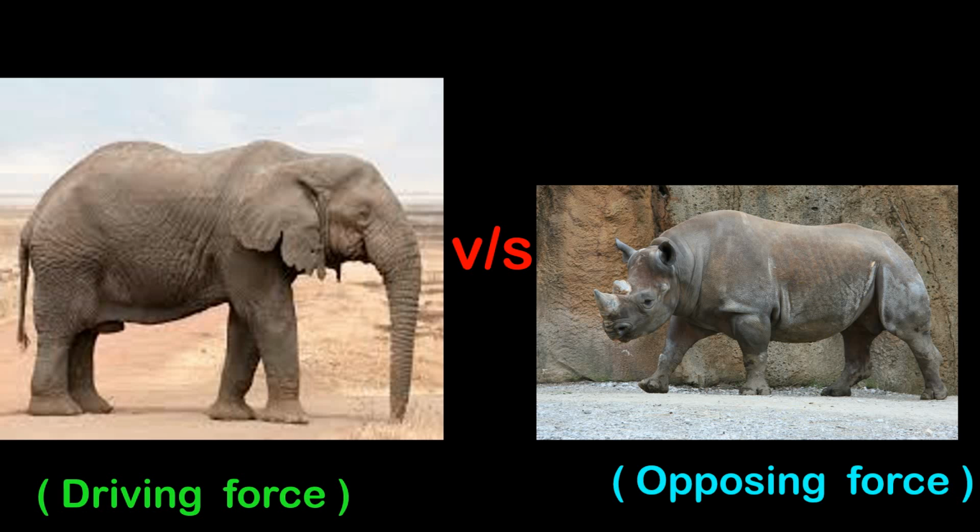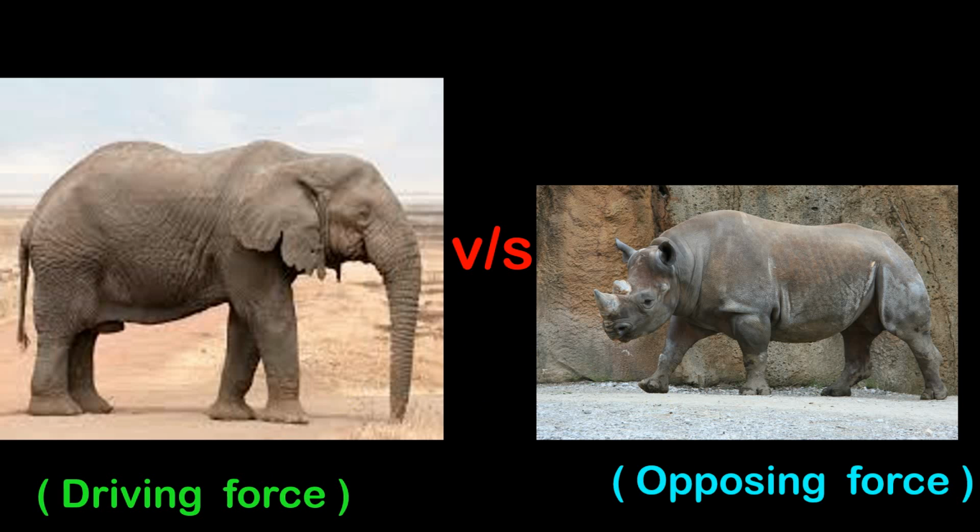Clear? Now I am going to say this statement in another way. Listen carefully. Can I say that when the difference between the driving force and the opposing force is less, at that time the work done will be more?